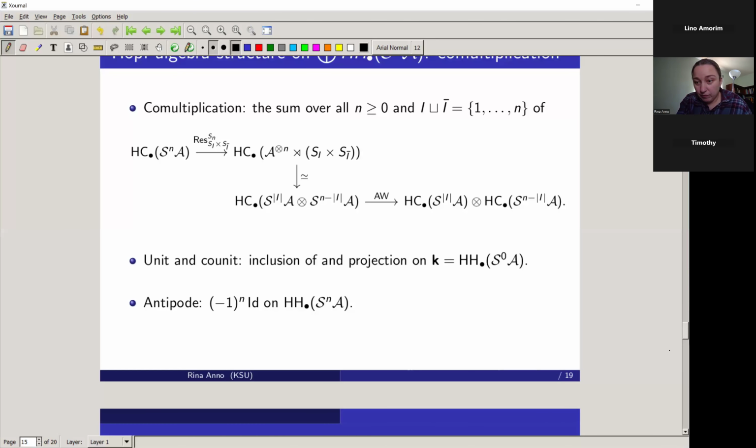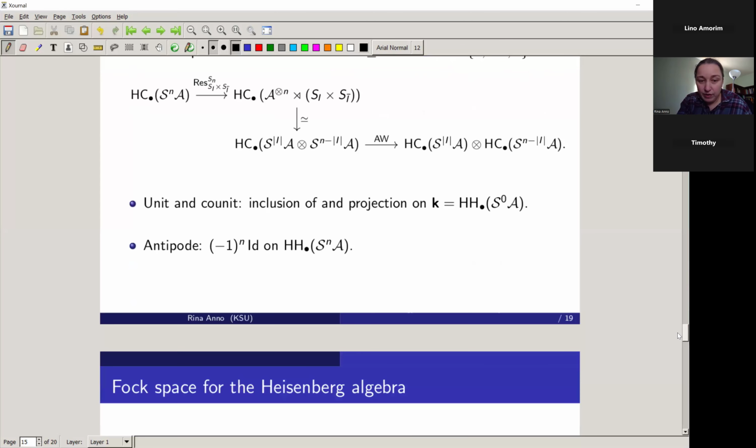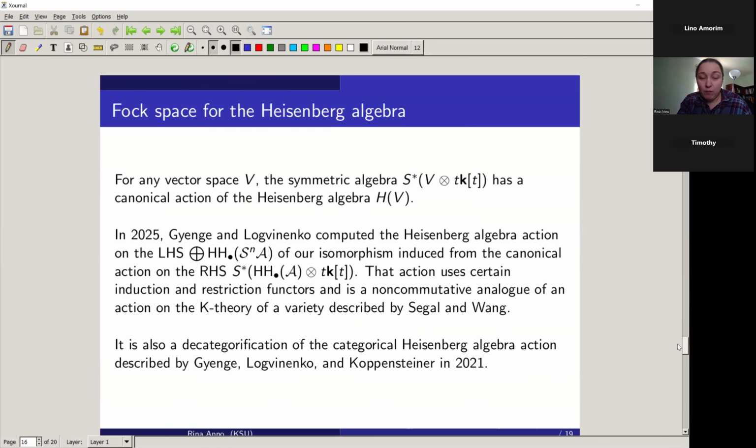So the Hopf algebra structure, then the Fock space structure, was done by Gyenge and Logvinenko. And in fact, this is how we, as in Timothy, myself, and Volodya Baranovsky, came upon this idea: Gyenge, Logvinenko, and Clemens Koppensteiner were studying a categorical Heisenberg algebra action.